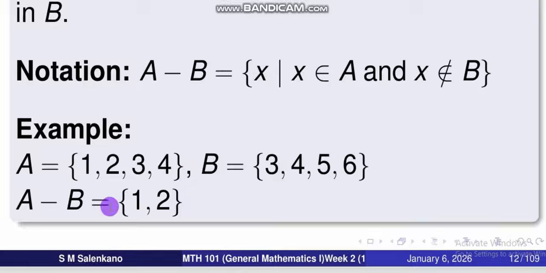So A minus B will be all the elements that are found in A and they are not found in B. So 1 is not in B, we write it. 2 is not in B, we write it. 3, look at 3 in B. 4 is also in B. So the only elements that are not in B but in A are 1 and 2. So our set difference is a set of 2 elements, 1, 2.